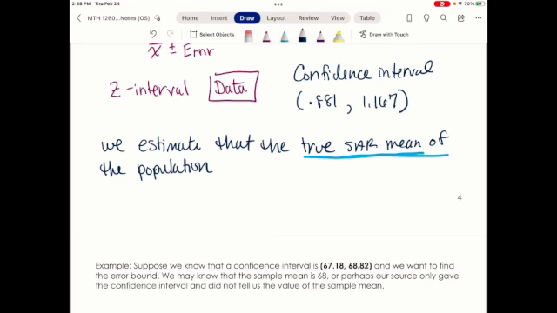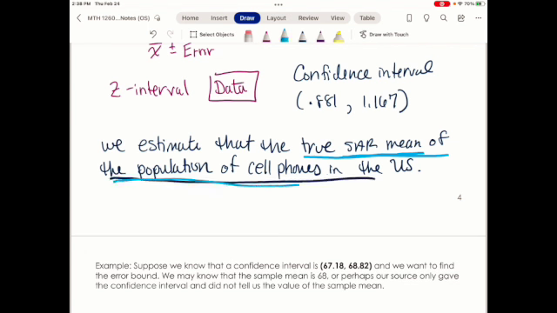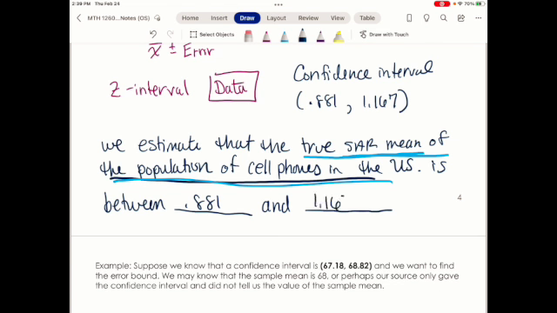Okay, so we estimate that the true SAR mean of the population of cell phones in the US, that's what we're talking about in this problem, is between 0.881 and 1.167, and then of course we put in our units, watts per kilogram.